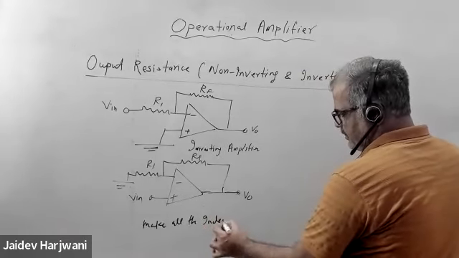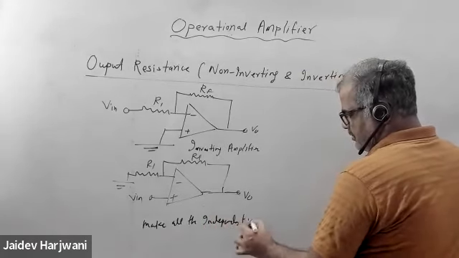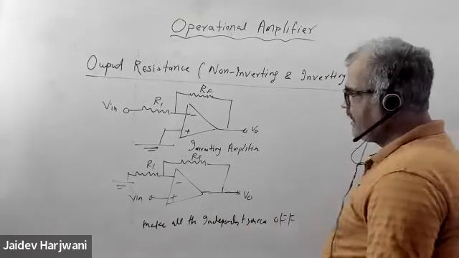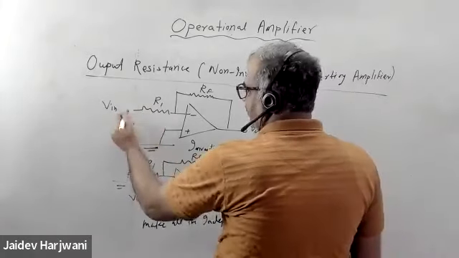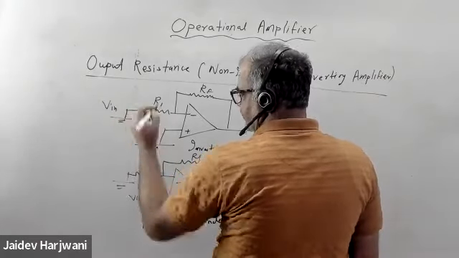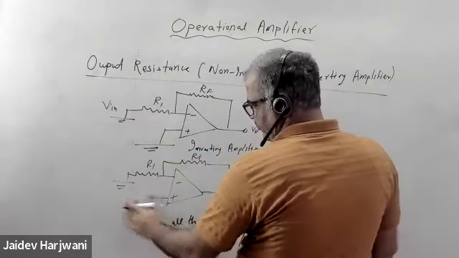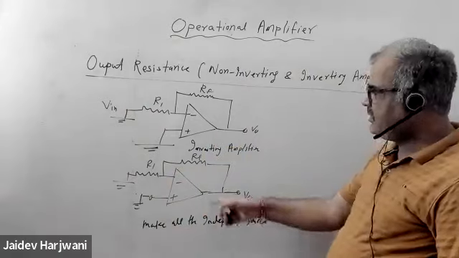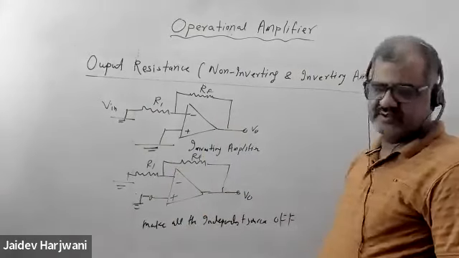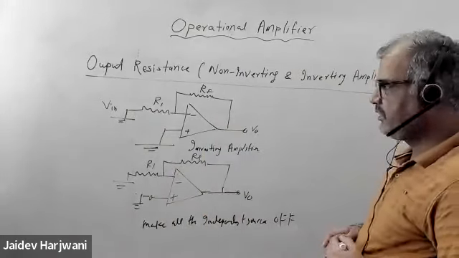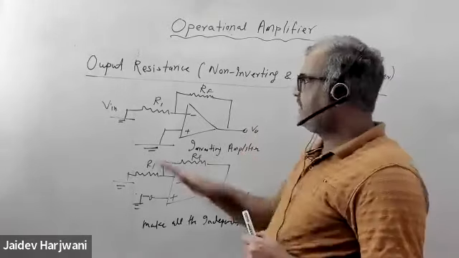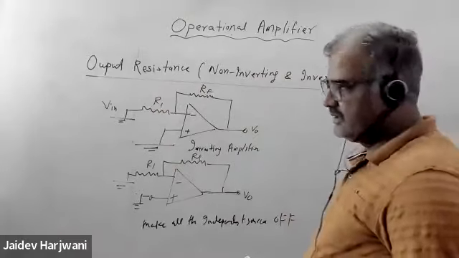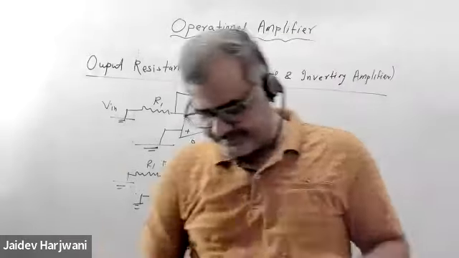So when I make independent source off, suppose here one source is there, I need to make it off. Here this is source, I need to make it off. Now what become? These two equivalent circuits are same. That's why I wrote output resistance of non-inverting and inverting amplifier. In both the cases, output resistance is same.